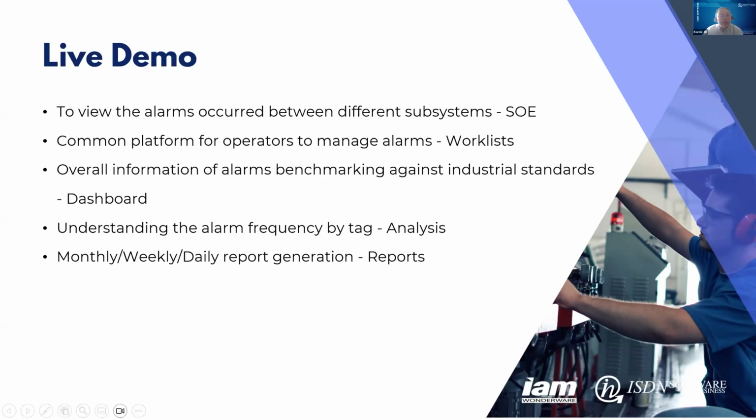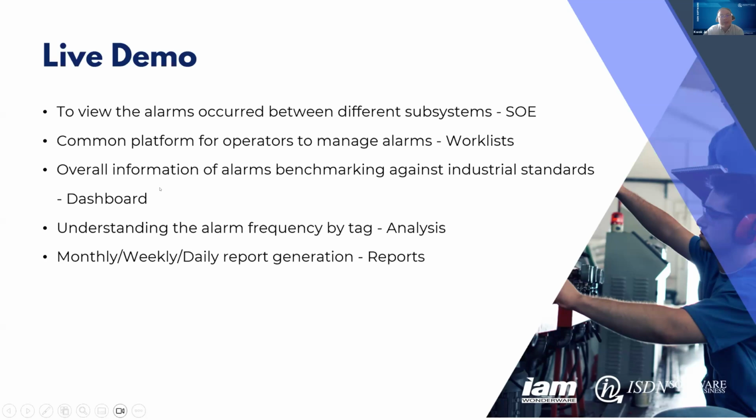So I'll be covering how to view the alarms occurring between different subsystems with the sequence of events, a common platform for operators to manage your alarms, work list, your nuisance alarms, your stale and inhibit alarms, all these different types of alarms. Then overall information of alarms benchmarking against industrial standards.